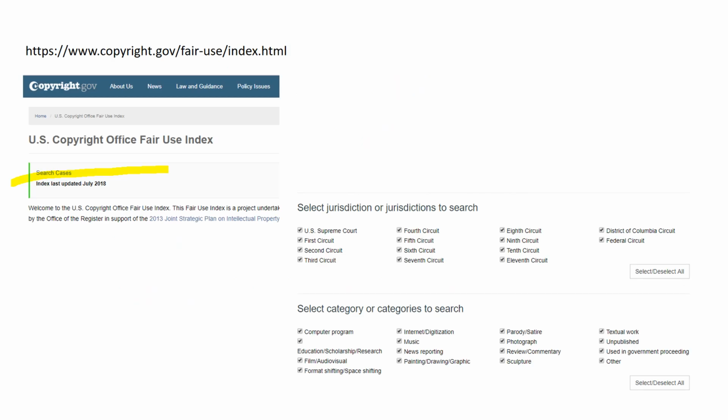This is how you can find the precedents that apply to specific fair use cases. That URL is to the government copyright website. This index is a great way to search through the fair use cases. So you go to the URL and then click on search cases, which I have highlighted in yellow. And you're going to get the categories that are on the right.